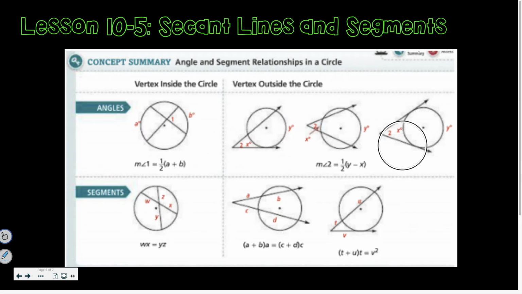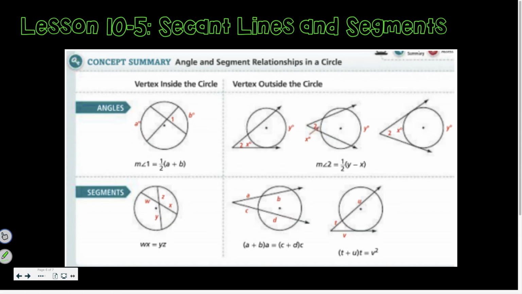Now, the slightly trickier one, but still doable, is when you're dealing with segments. So again, if you have an X inside and you're looking for segments, you do W times X equals Y times Z. And I realize that this picture is really pixelated, so I'm sorry. But if you go back to the video, I have a much better version of this picture.